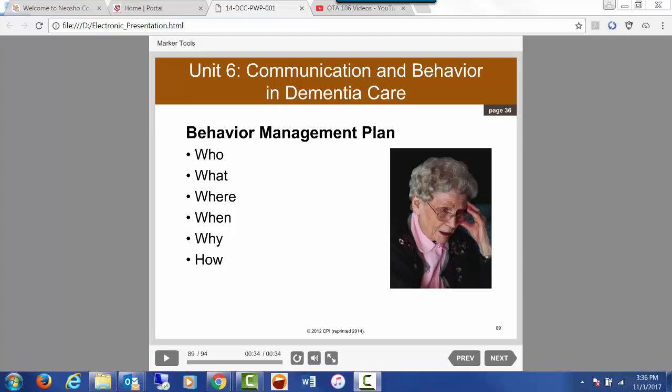Anticipate and meet their needs. Engage the resident in valued activities. Tell the resident what to expect and what you are going to do. Provide one-on-one time.